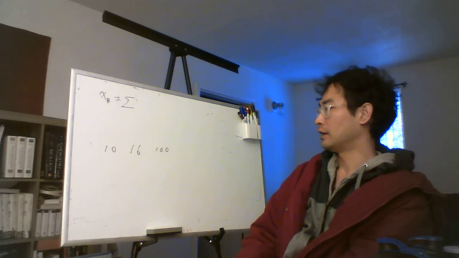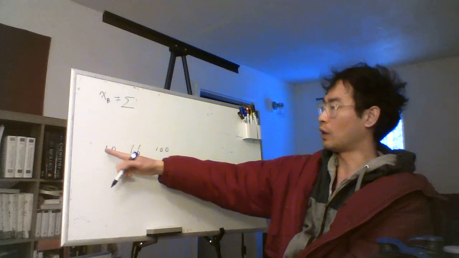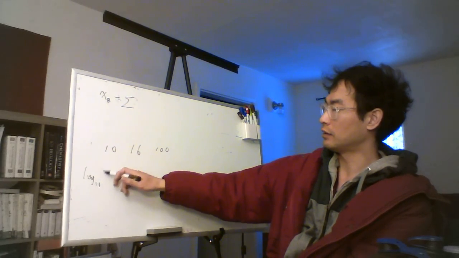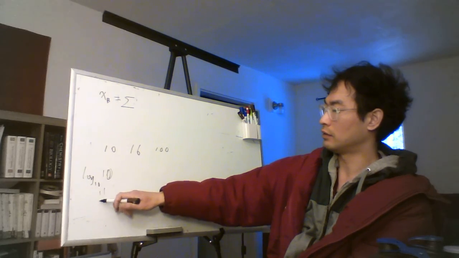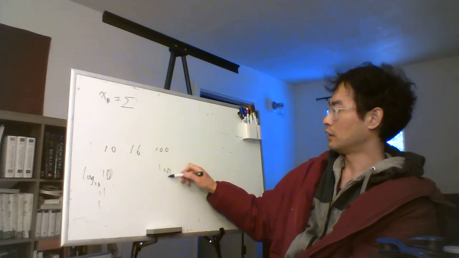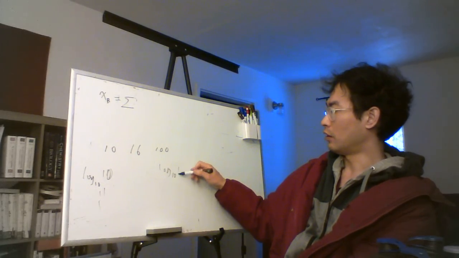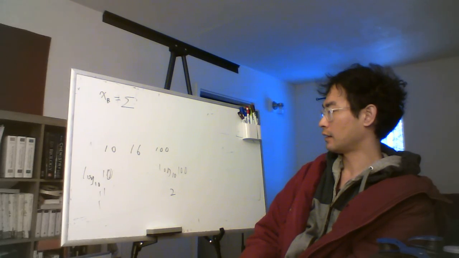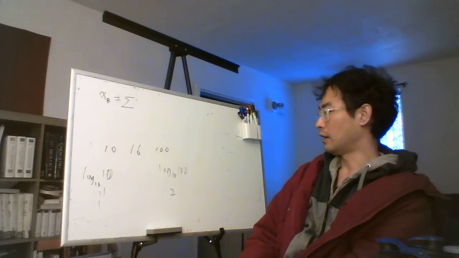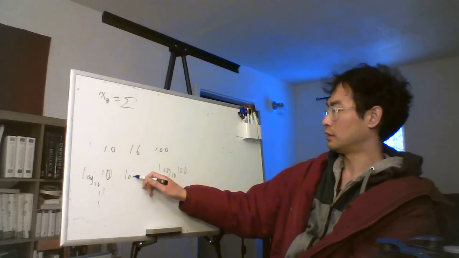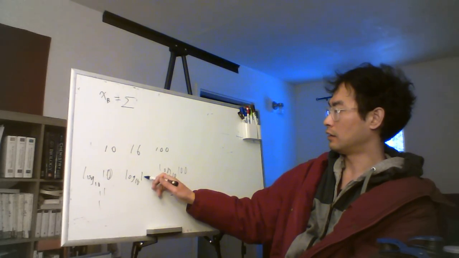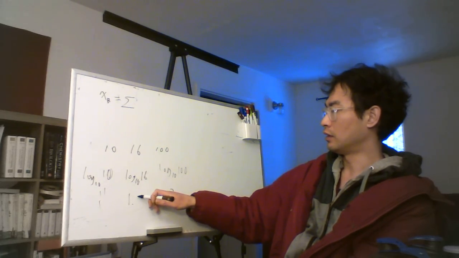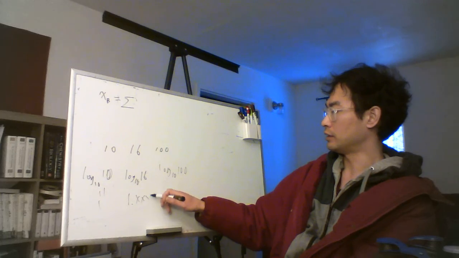So log base 10 of 10 is 1, and log base 10 of 100 is 2, and log base 10 of 16 is like 1 point something.